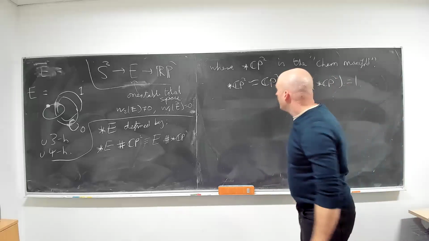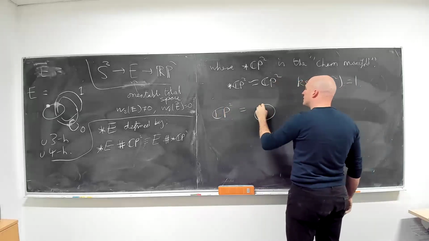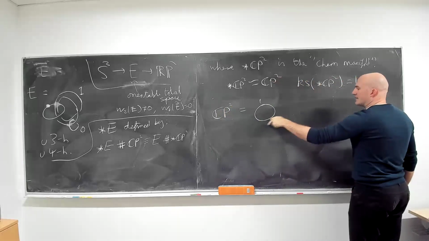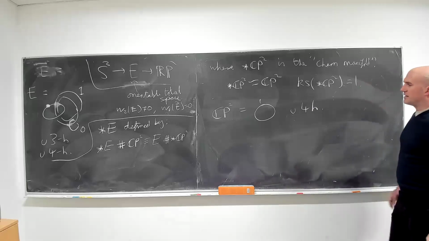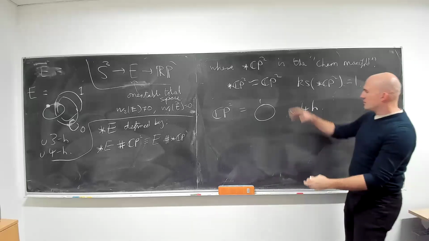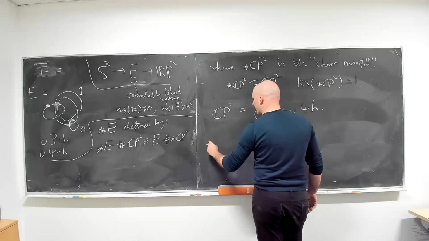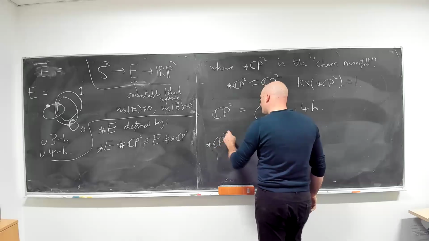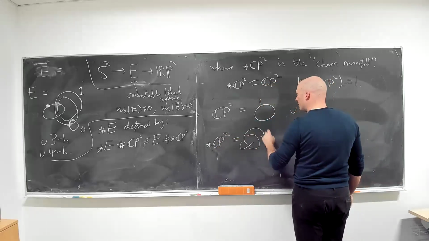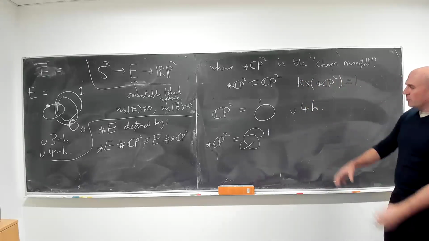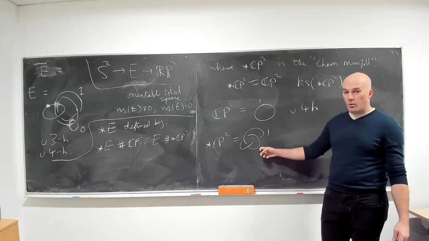To understand how to construct it: CP2 is given by adding a 2-handle and then a 4-handle, very standard. Star CP2 we can make by taking a trefoil with framing 1 and attaching it to the 4-ball. Actually, at this point I could use any knot with Arf invariant 1.